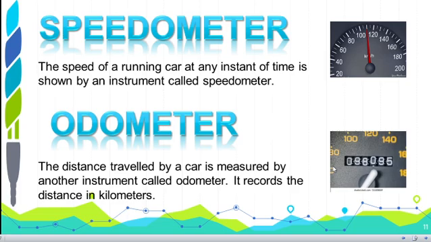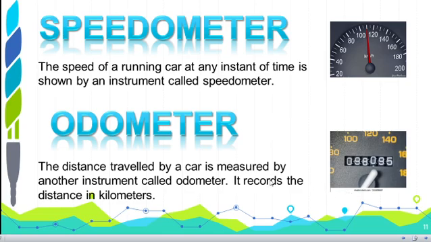Before starting you should note down the initial odometer reading, and after reaching Trichy you note down the odometer reading. You subtract the initial value from the final value and get exactly how much distance the car traveled. Maybe 58 to 60 kilometers from your home to Trichy.